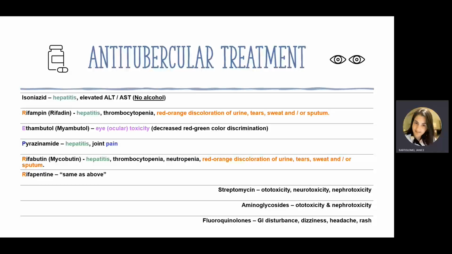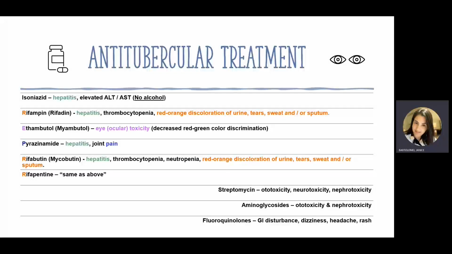For example, everyone that starts with an R, like the rifampin, the rifabutin, and the rifapentine, they all start with R, and they all basically change the color of your sputum, your urine, your tears, your sweat, any bodily fluid.